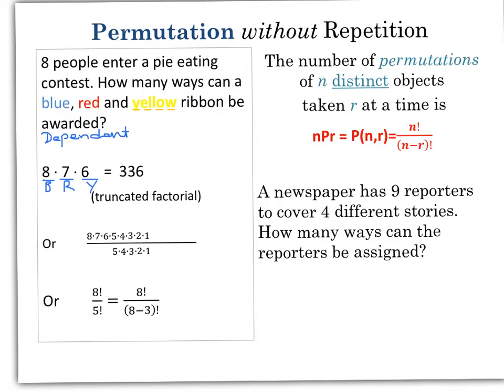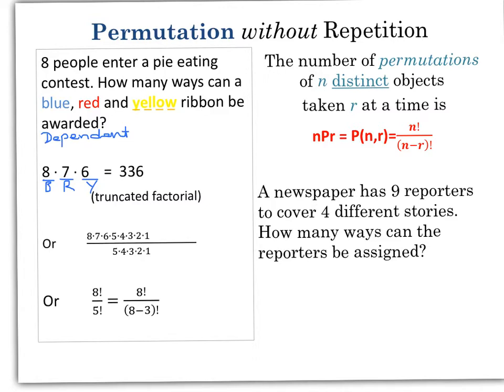We would just multiply those together. Now what's going to be different about this is, even though we call that a truncated factorial, and personally I would still just deal with it like 8 times 7 times 6 and do that on my calculator, we actually can come up with, you know how math is, we like to come up with formulas, and so there's another way of looking at a truncated factorial.